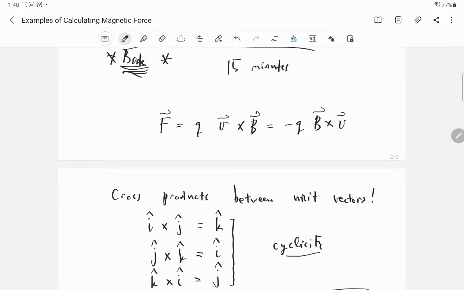There's nothing wrong with anything that I wrote here, but the mistake would be if you put the magnetic field first and the velocity second, but forgot the minus sign. This is no longer true. What is true is with the minus sign. Okay.